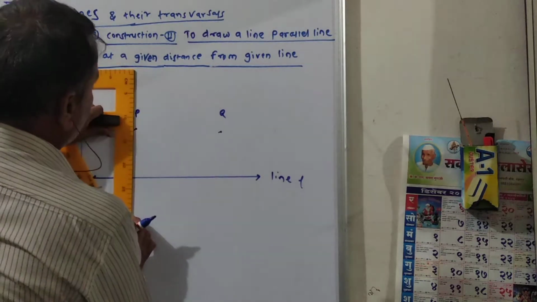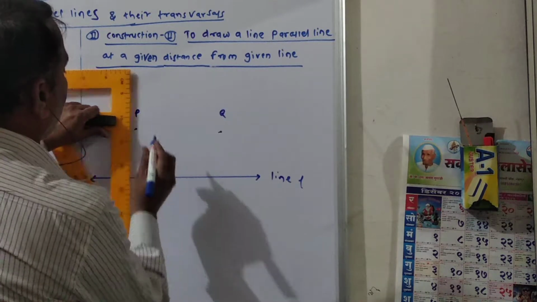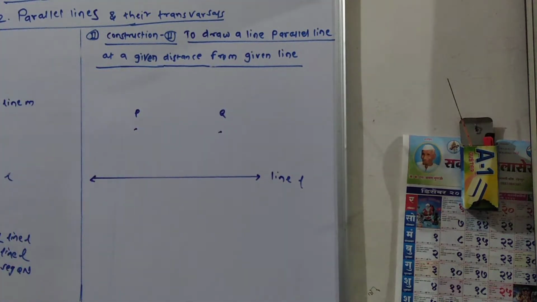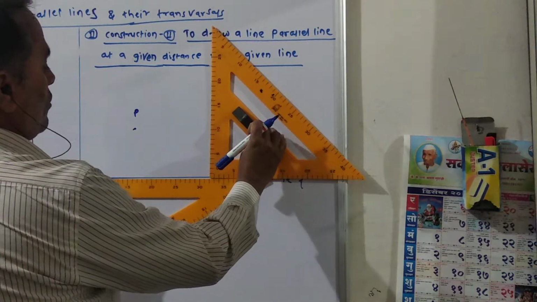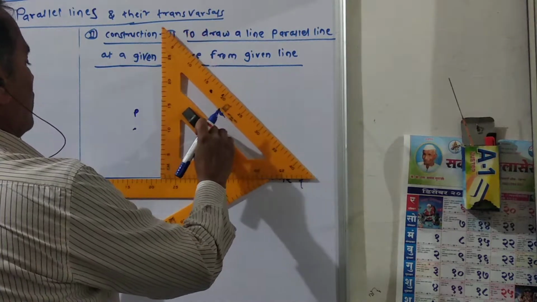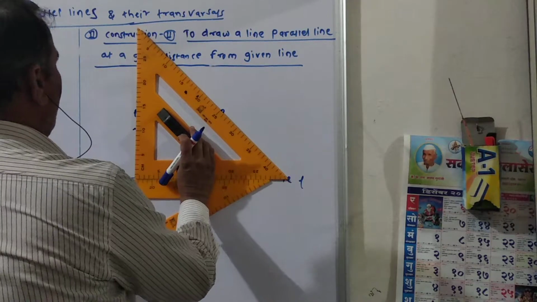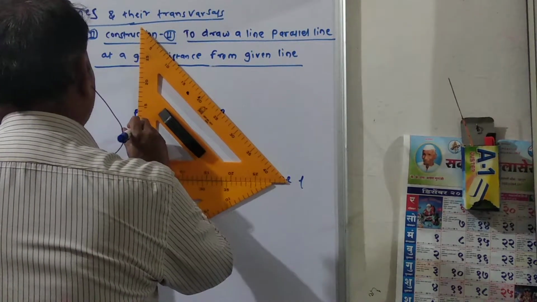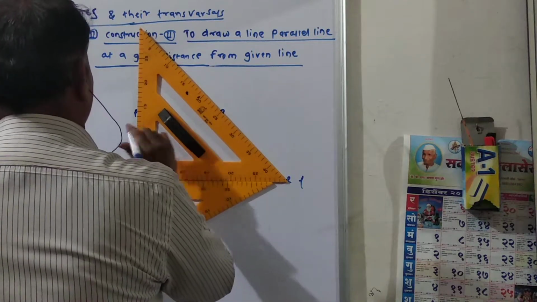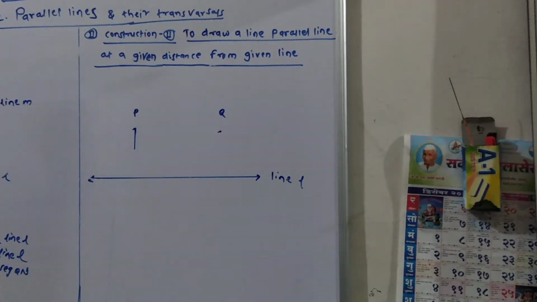So this distance is nothing but what we have to draw, or here we have to draw a perpendicular at a distance of 2.5 centimeter. So this distance is given. This point is also given. Okay, this is the point, or one more.